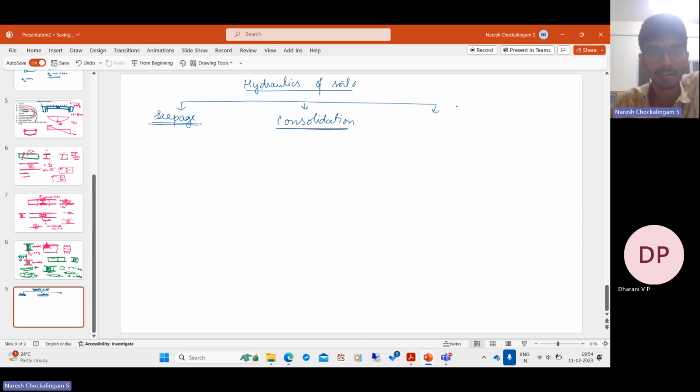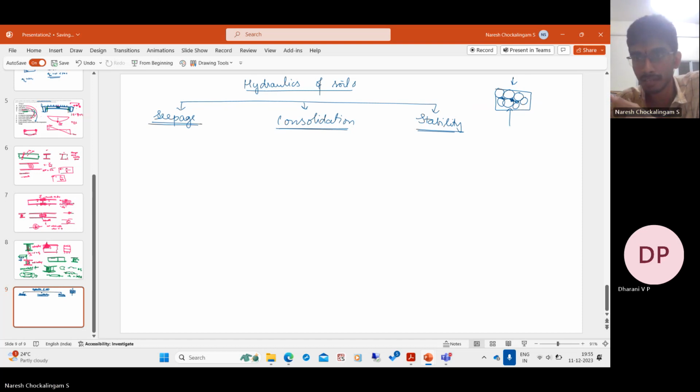So that is consolidation. Because of pore water pressure, there are soil particles, and there are pores. Under saturated conditions, these pores are filled with water. Under an applied load, the load is taken both by the soil particles and the pore water. But as the soil particles try to move close to each other under the applied load, the pore water pressure u increases. There is a certain condition under which the pore water pressure pushes the soil particles away.